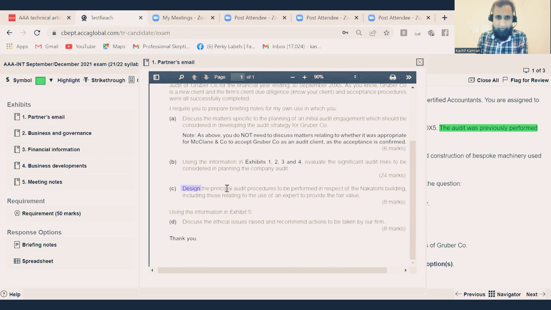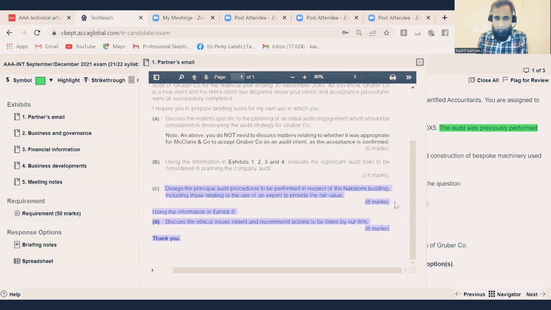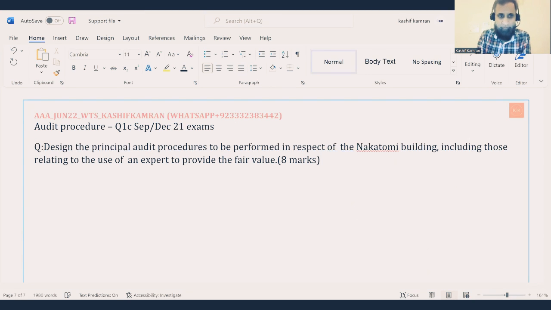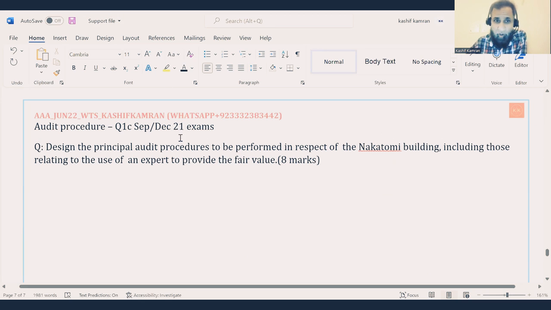I'm copying the C requirement from here as I want to do a very proper analysis, and I'm taking this C requirement back onto my support file. I hope you can see the support file here. This is the requirement, right? This is the question. Design the principal audit procedures to be performed in respect of the Nakatomi building.